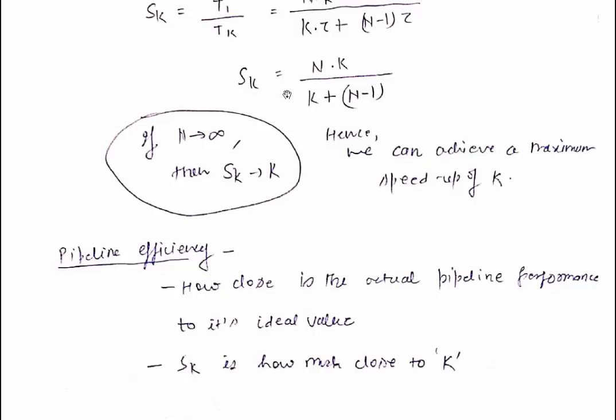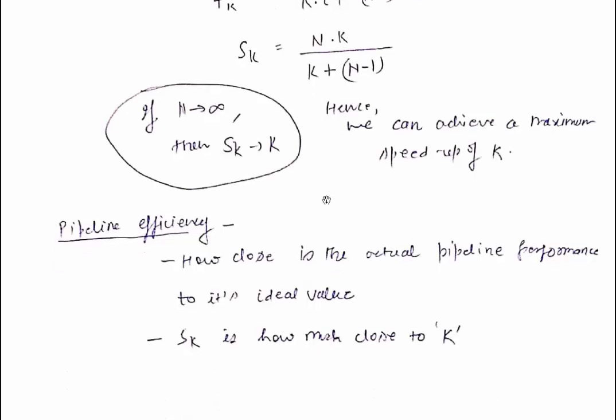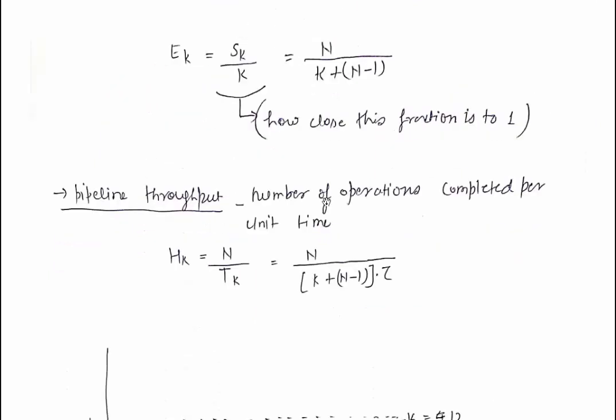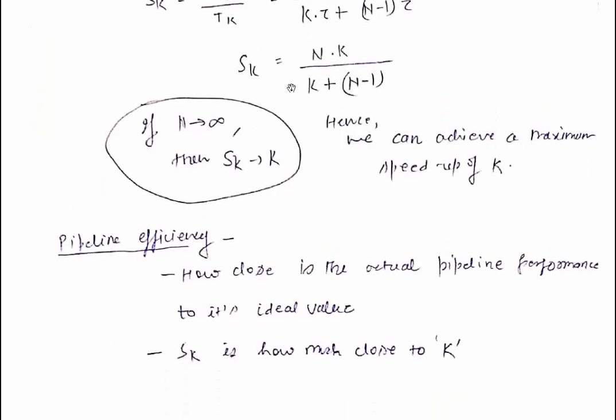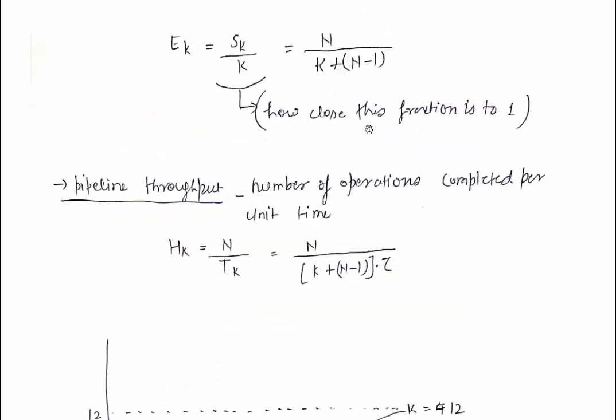So efficiency would be Sk divided by k. How do you get this expression? This is your Sk, and that Sk you divide by k, so that would be n divided by k plus n minus 1. So n divided by k plus n minus 1 would be your pipeline efficiency.